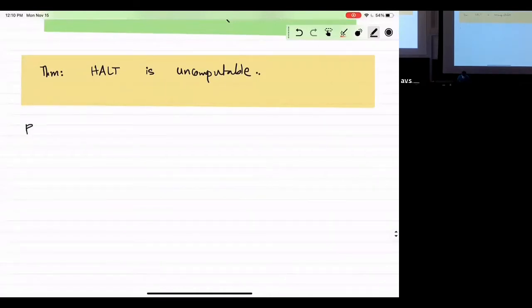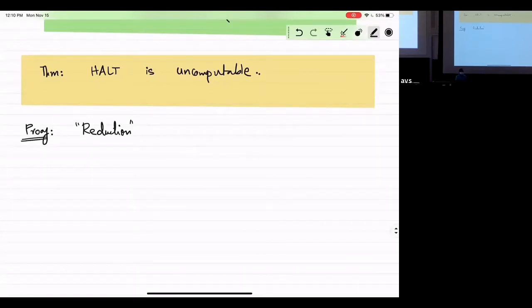And how do we show such a thing? So the solution is going to be what we call a reduction. There's this famous quote, actually I forgot by whom, but it says, every problem in computer science can be solved by one level of indirection.